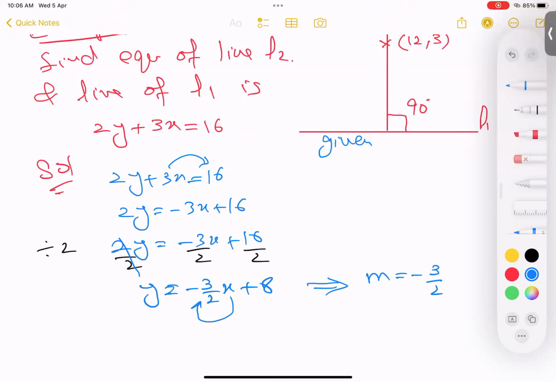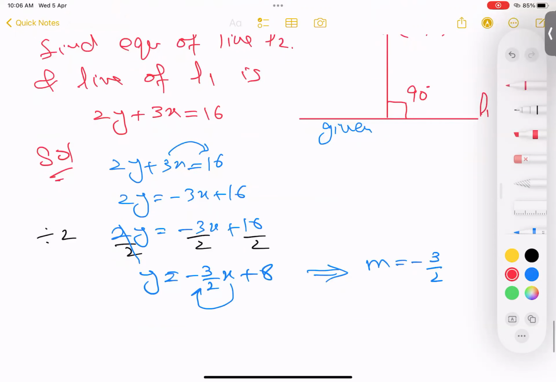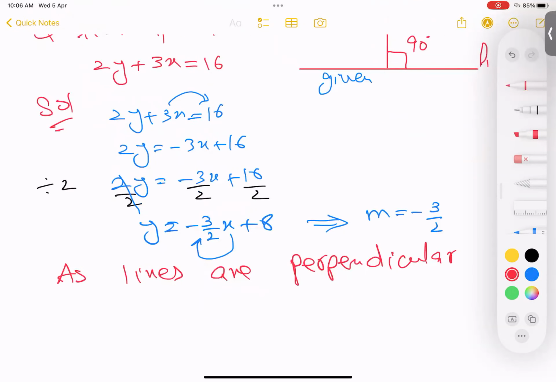Now we say, as lines are perpendicular, it means there's a 90 degree angle in the middle.